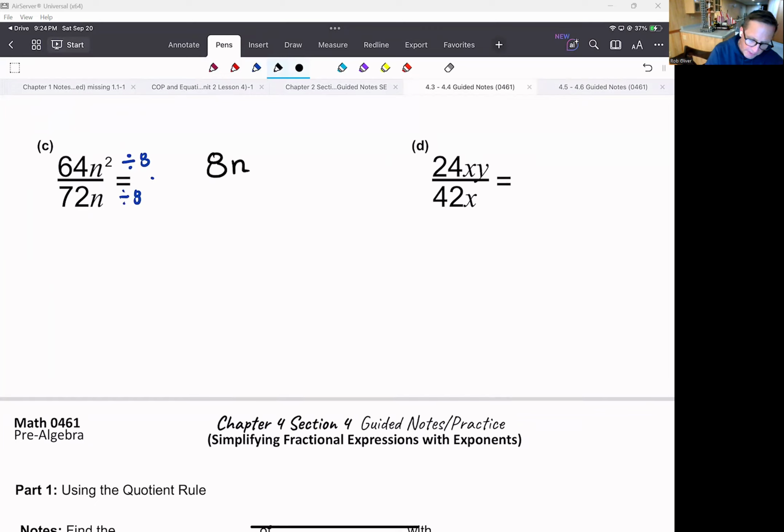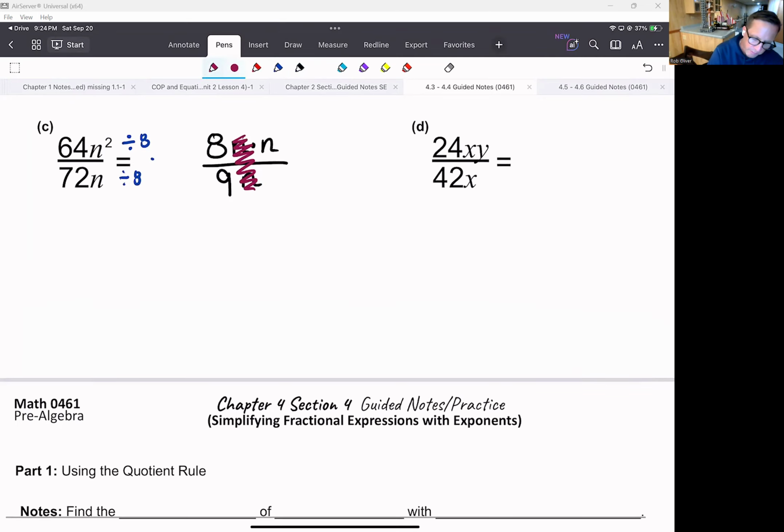And instead of writing n squared, I'm going to write n times n. And then I'm going to get, right, 9. Oh, that is greatest common factor. I don't know why I did that. And then those n's cancel right there. And that's going to be it. So it's going to be 8/9 n. Or just leave the n in the numerator like that.